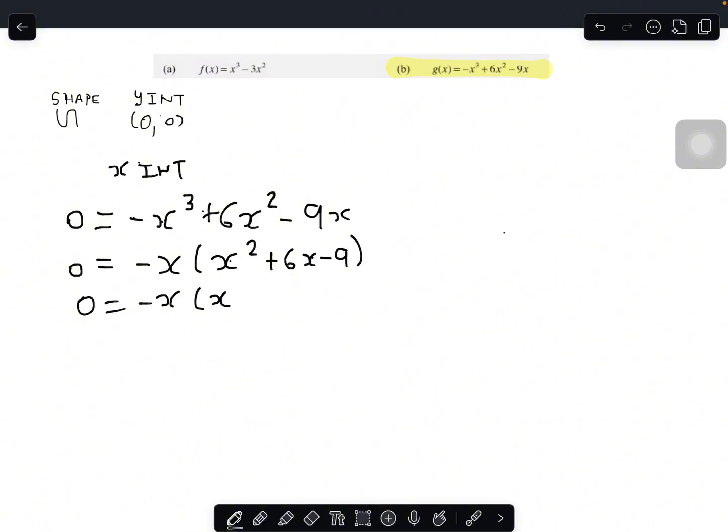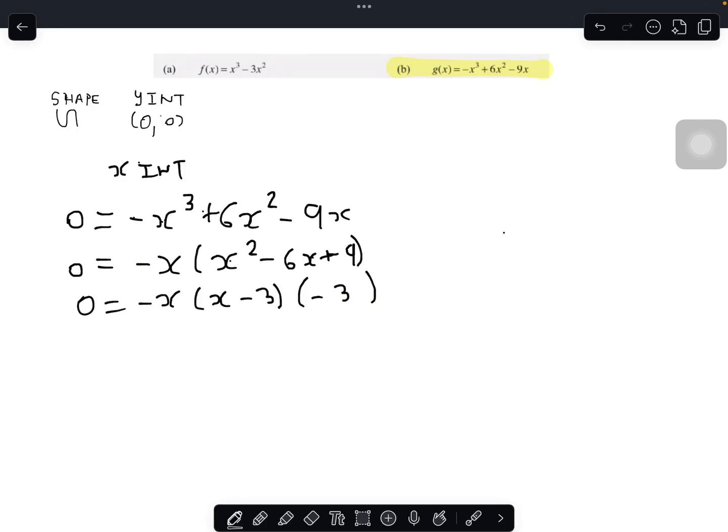And for this x-intercept, I'm just going to factorize this, and I'll have negative x into x. When I factorize this, 3 and 3. Oh, this sign here and this sign here is going to change. So this is going to be a minus, this is going to be a plus 9. So I'm going to have minus 3 and minus 3.